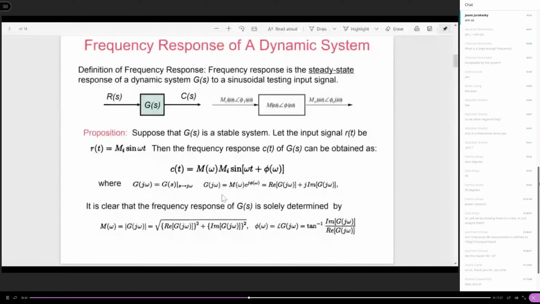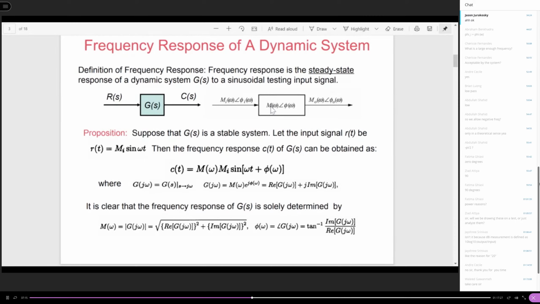Well, like what I said, the reason that we can do this is just because there is a unique relation between M of omega and M_o of omega, and phi of omega and phi_o of omega. Because of that unique relation, we actually do not need to bother to look at the signal. We only need to look at the system. That's good enough.